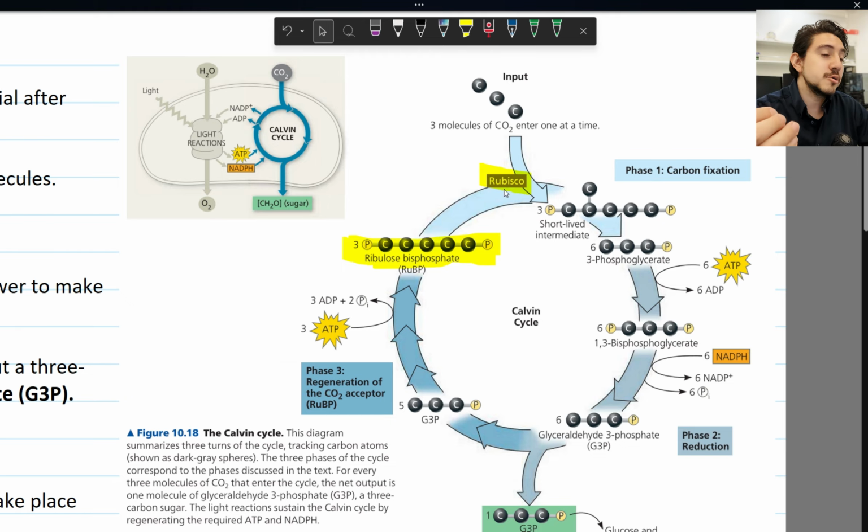Make note of it. You should memorize it. RuBP is also important, so make sure you remember this molecule also. It's the first one used with carbon dioxide as we begin this cycle.